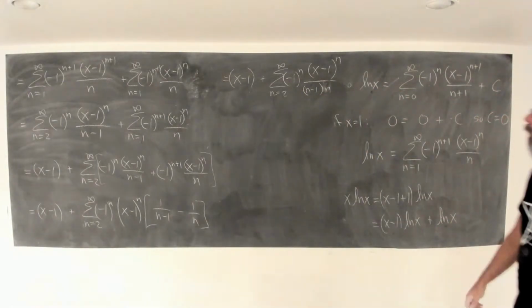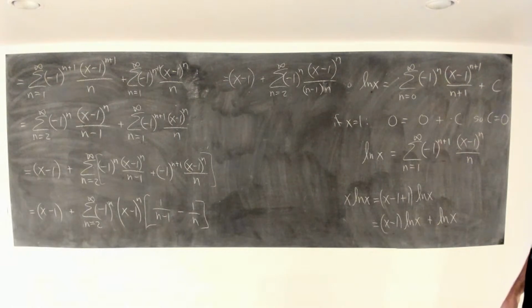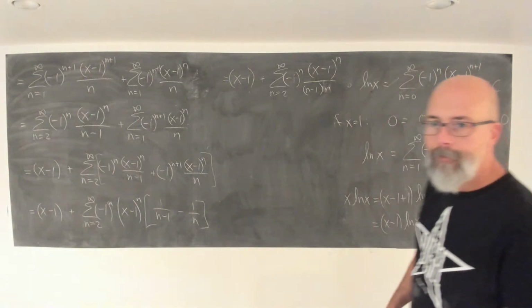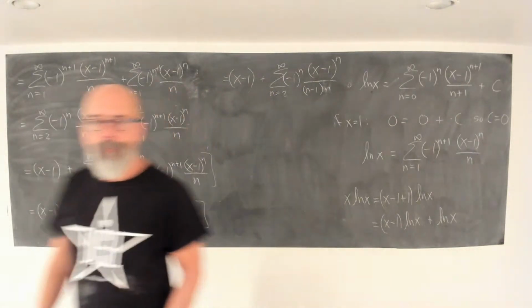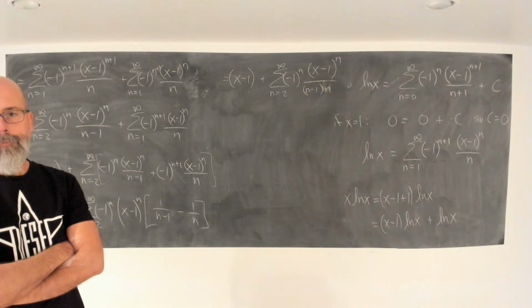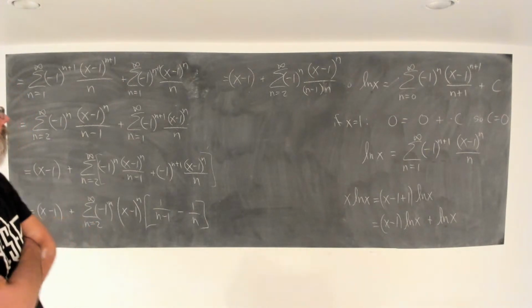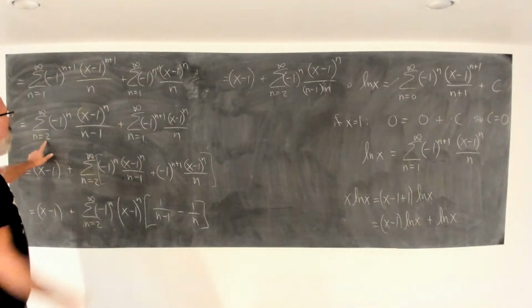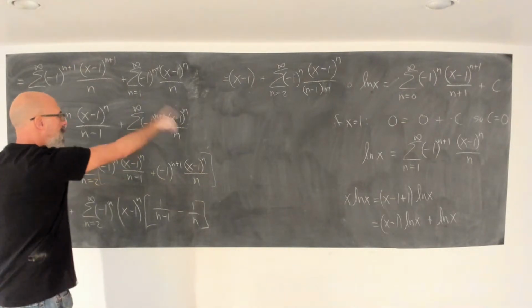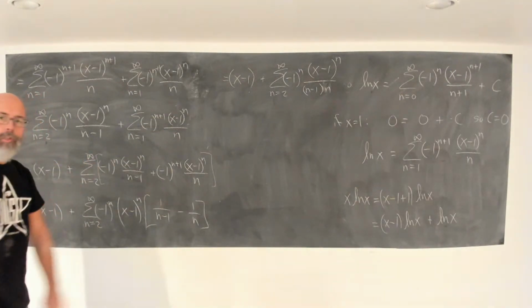There is your Taylor series. These started at different values. So I wrote the n equals 1 case down, and then this starts at 2.